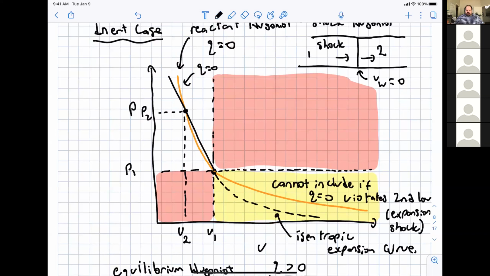Okay, and then with the isentropic expansion, you can now get solutions in this region. But for isentropic expansions, our solution can actually follow this line here.